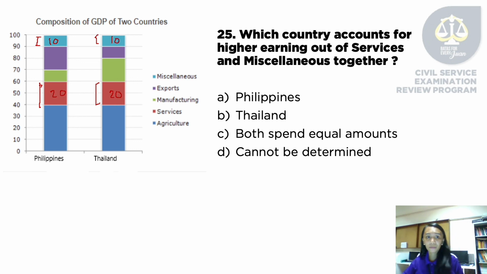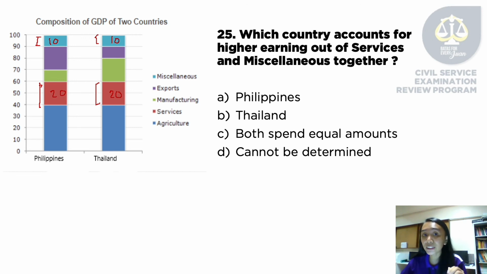So, ano yung aking sagot? Sasabihin ko ba na parehas yung kanilang equal amounts, or sasabihin ko na mas mataas yung kay Philippines or yung kay Thailand? Okay, so the answer is cannot be determined. Bakit? Kasi hindi po nila binigay yung data about the respective GDP of the countries Philippines and Thailand.